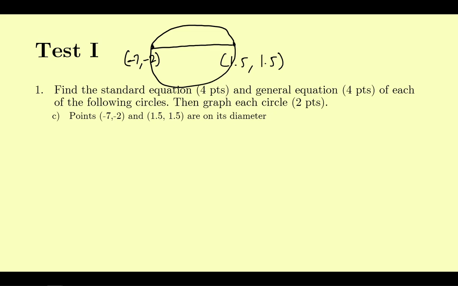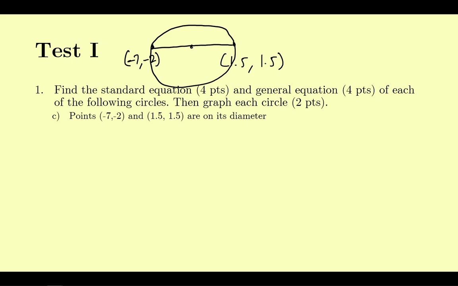Okay, so what can we do from here? Of course, we can find the center by establishing the idea of the diameter. Since the diameter contains the center, or it passes through the center of the circle, we can find the midpoint of these 2 points to find the center.